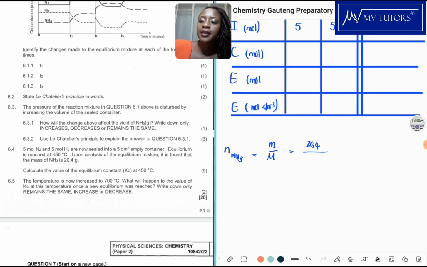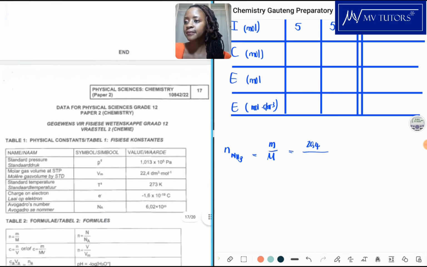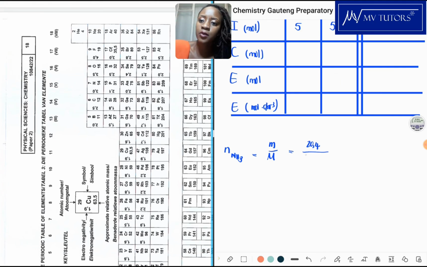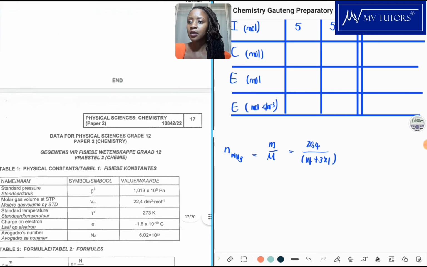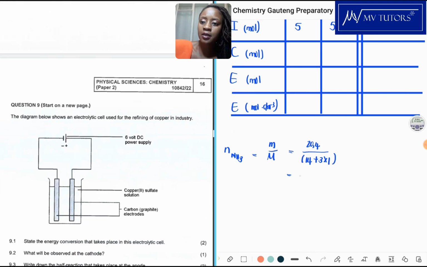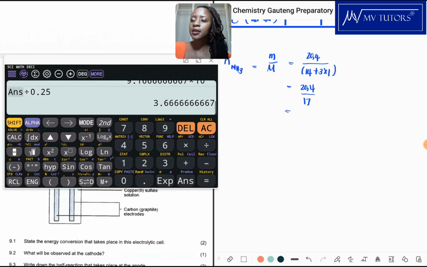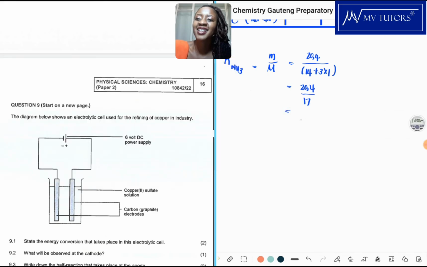Now we need to get the molar mass. Nitrogen is the 7th element, which is 14. So we have 14 and we have 3 of hydrogen. Hydrogen should be 1. So we have essentially 20.4 divided by 17. Oh, nice. It's just 1.2. It's a clean number. 1.2 mole.